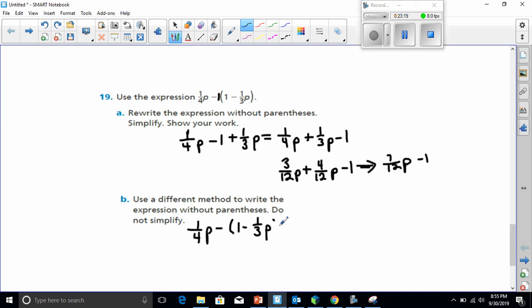To do this simply without parentheses, we just could have put 1/4 p, since we don't have to simplify. 1 times a -1, because remember it's going to be a -1 here, would be -1, and this would be a plus 1/3 p. And since we're not simplifying, we'll stop right there.